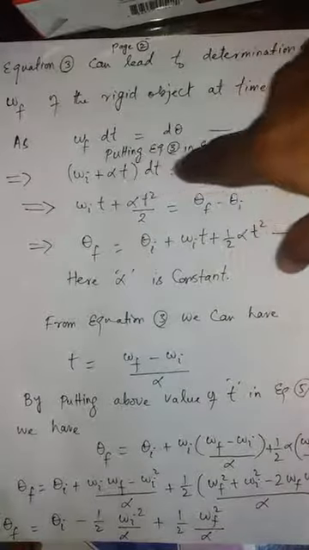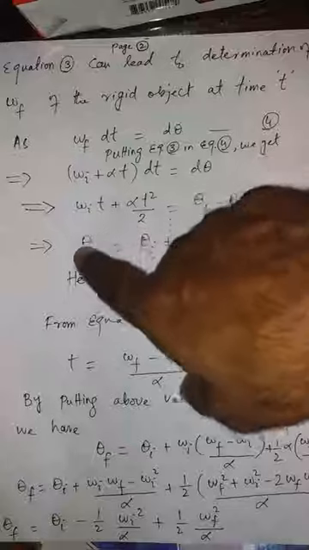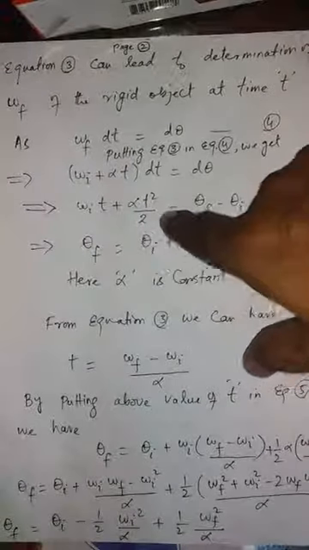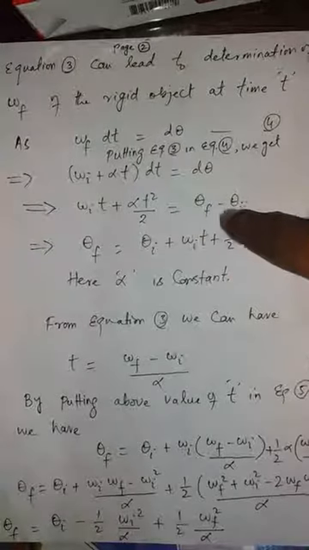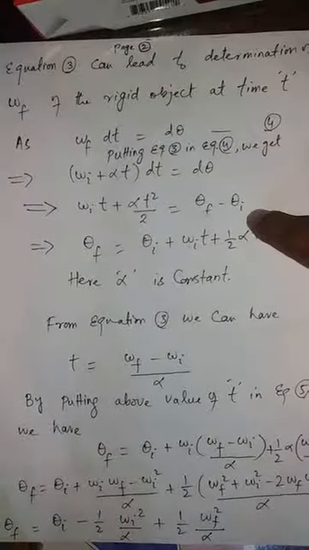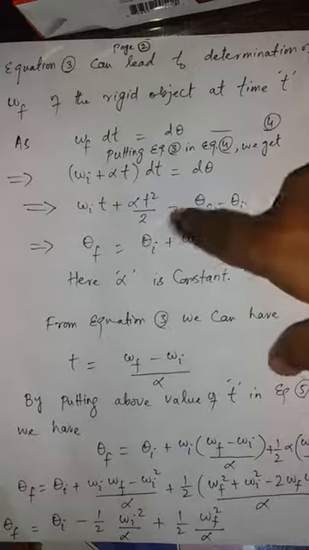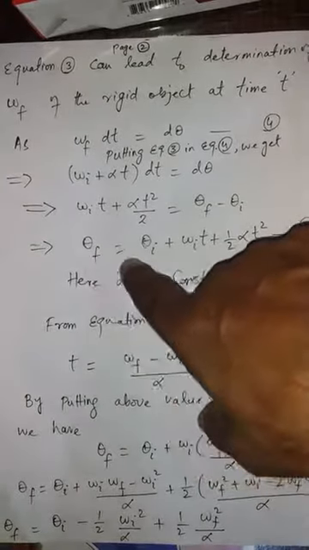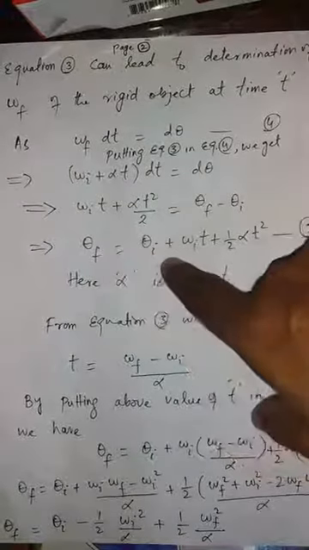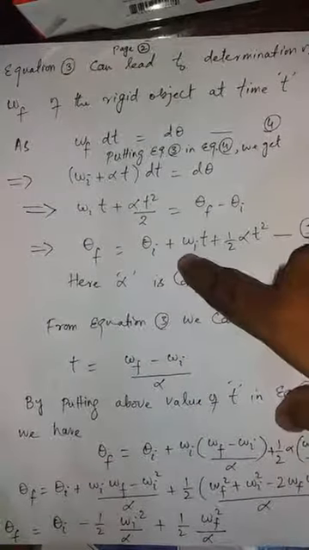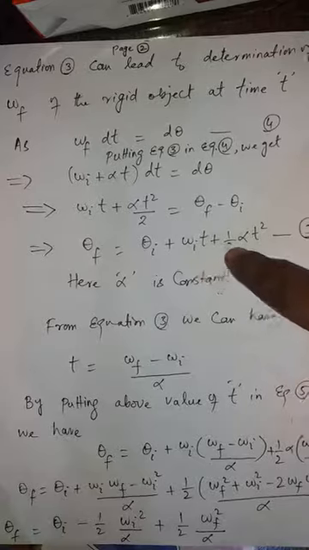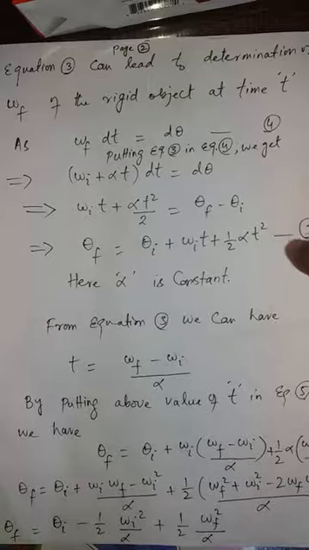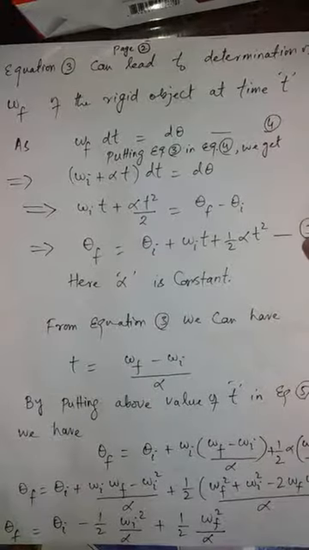So integration with these limits will give omega i t plus alpha t square by 2 is equal to theta f minus theta i. This expression can be rearranged as theta f equal to theta i plus omega i t plus half alpha t square. This is our equation number 5.